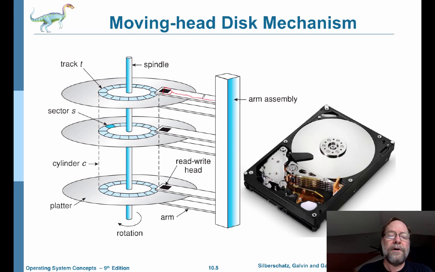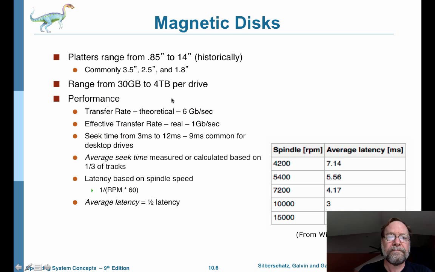So when you want to access data on a drive, the entire arm assembly moves in or out, which causes all these heads simultaneously to be placed over the tracks that comprise one cylinder. Then we have to wait for the disk to spin, depending which way it's spinning here, so that the particular block that we want to access, such as this one here, passes underneath the head, and then we can actually read the data as it spins underneath.